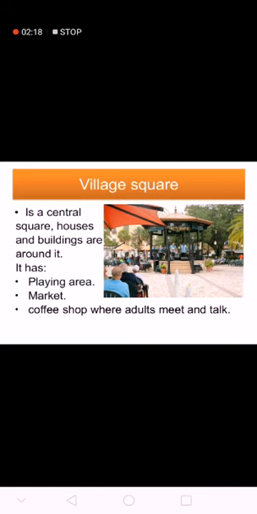This place is called village square. Village square is a central square, meaning in the middle between houses and buildings, and it's a playing area, a market, and a coffee shop.